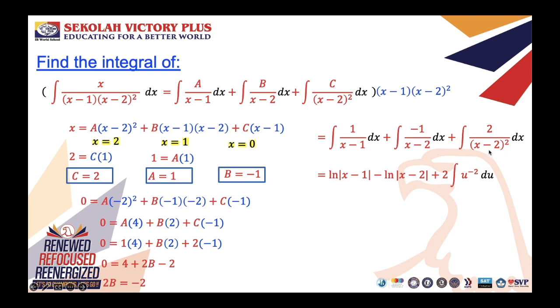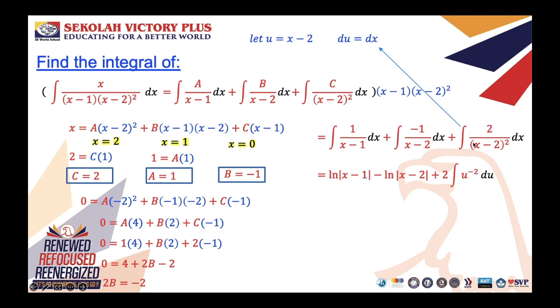For this one, we cannot do the same thing. However, we can do reverse chain rule wherein our u is x minus 2. Therefore, we have to find du. So du will be equal to dx if this is our u. And then you try to do your reverse chain rule until you come up with this expression.